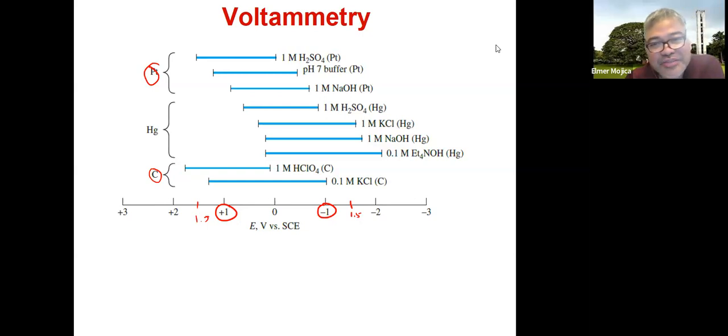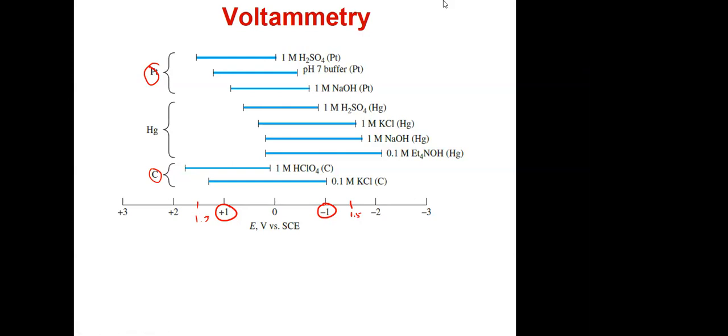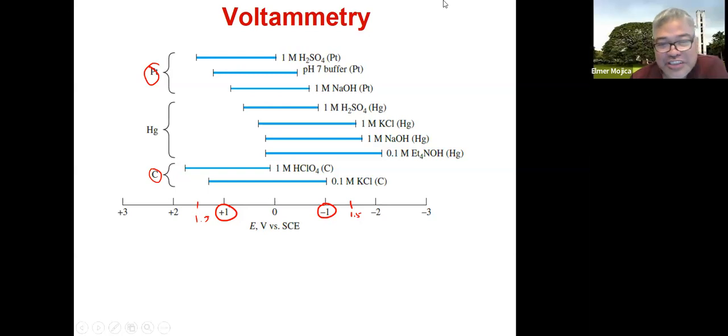So what is the one thing they optimize there that is related to this slide now? Deposition potential, sir. Is that deposition potential?